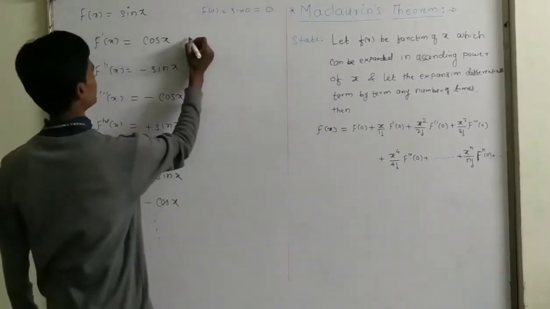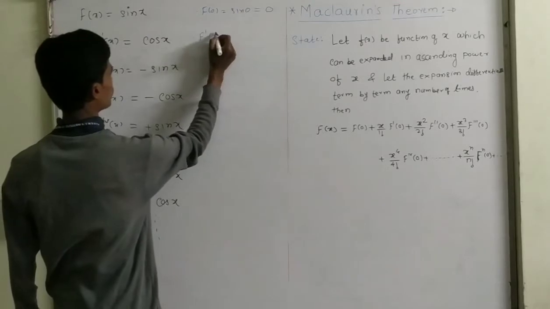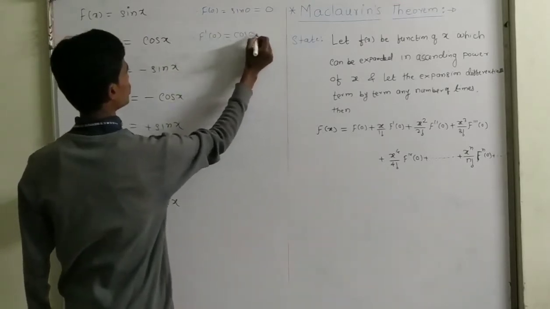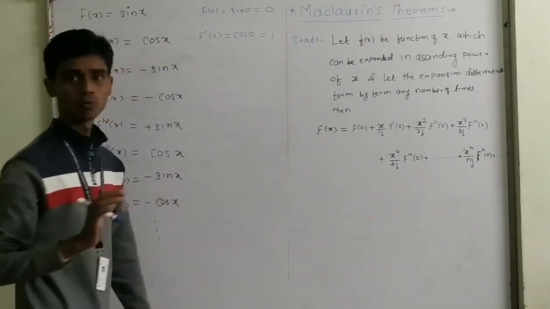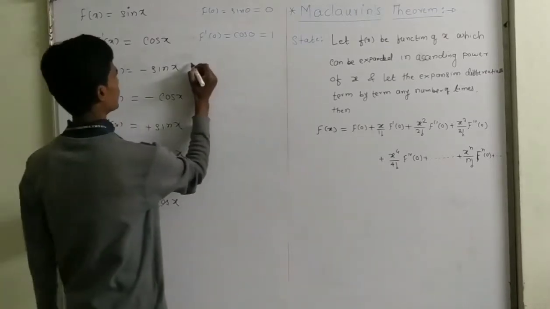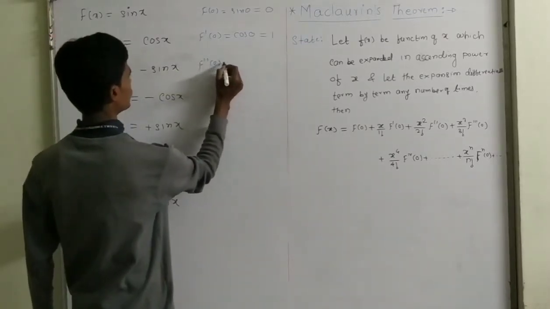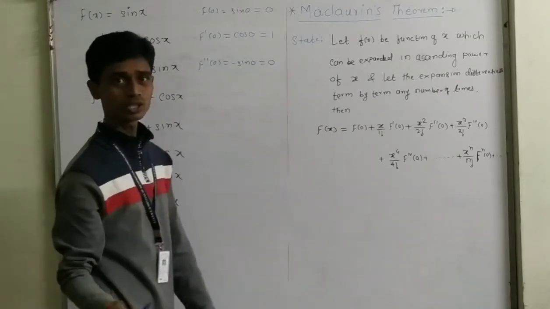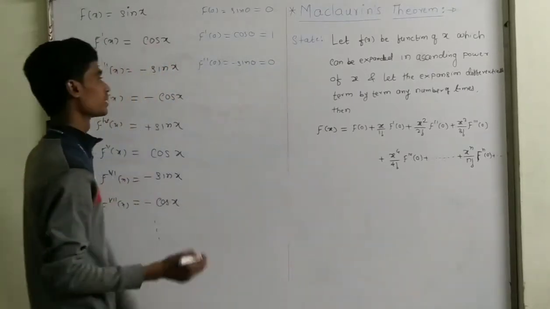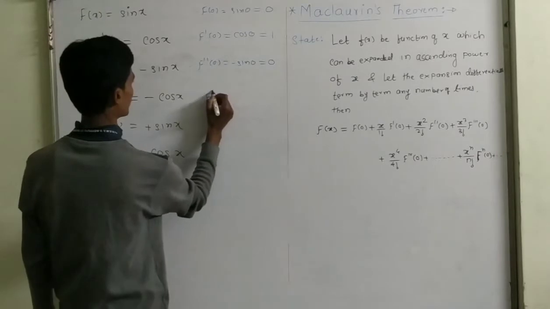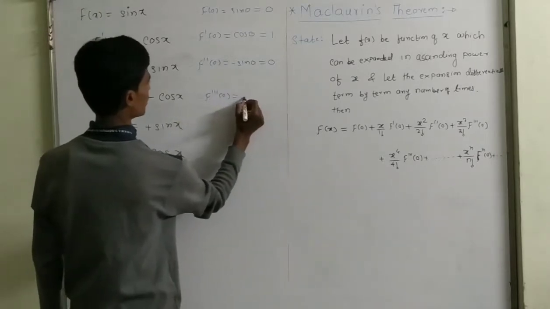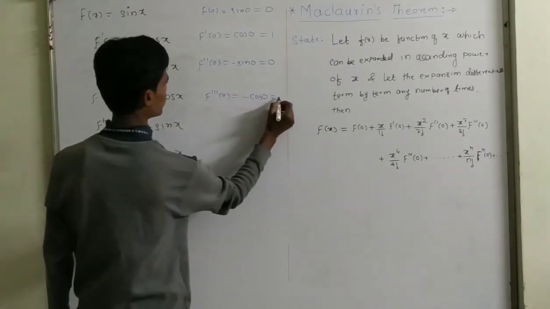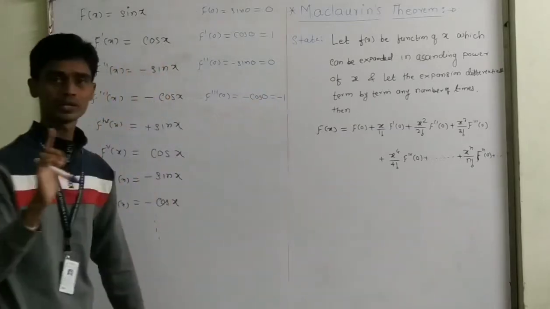Similarly f dash of 0 is cos 0, and cos 0 is 1. Next f double dash of 0 is minus sin 0, and sin 0 is 0, so the minus doesn't matter. Again f triple dash of 0 is minus cos 0, which is minus 1.